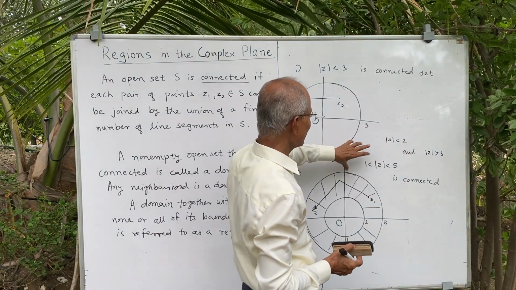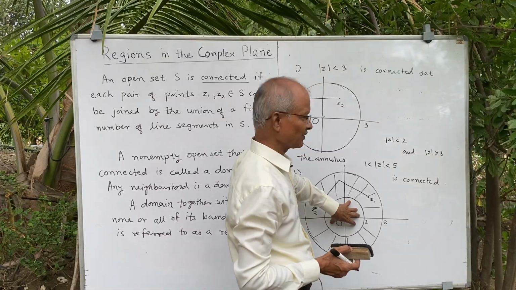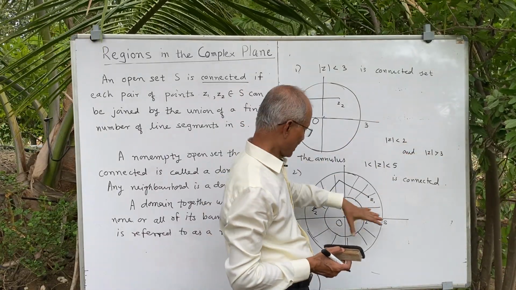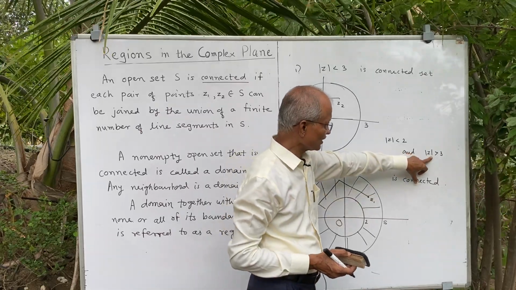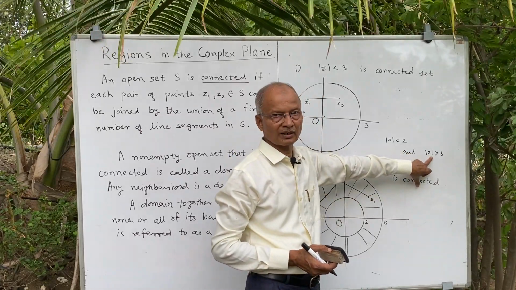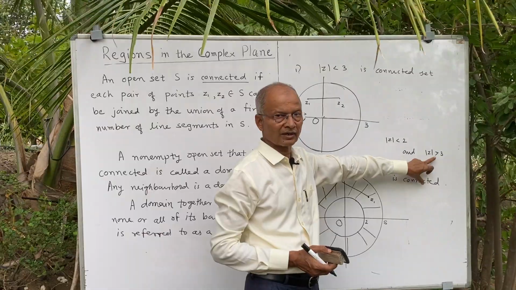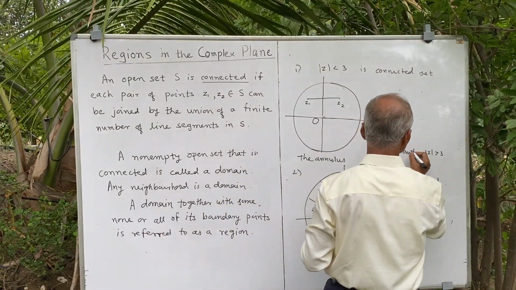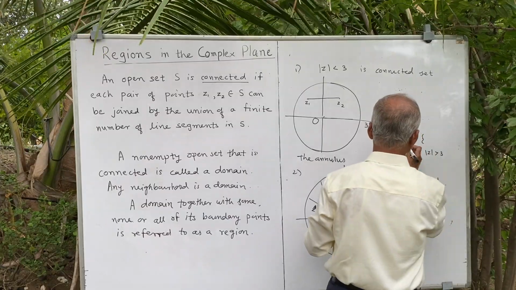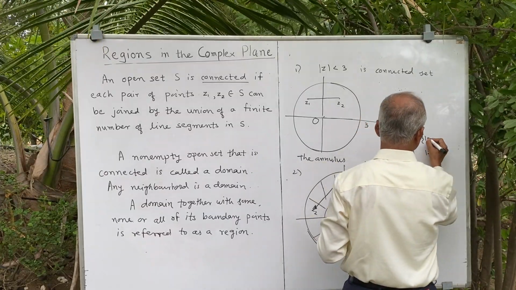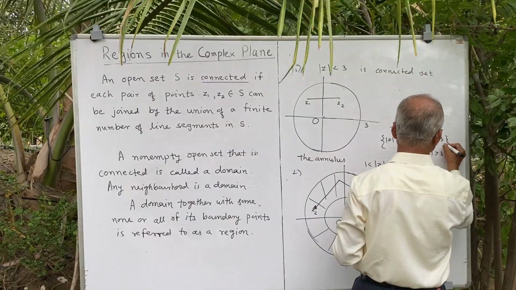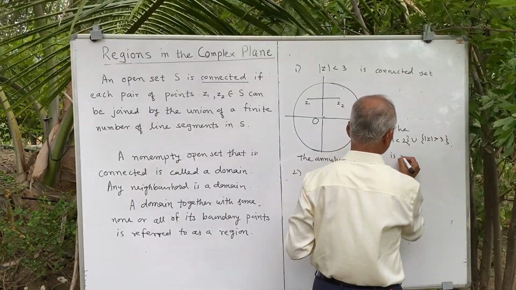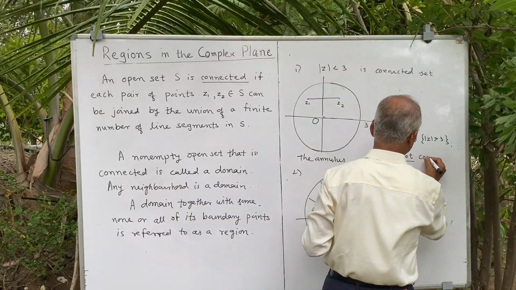Mod z strictly less than 2 is this disk, and mod z greater than 3 is the region whose distance from the origin is greater than 3, and therefore this will not be connected. The union of these is not connected. Example of a not connected set.